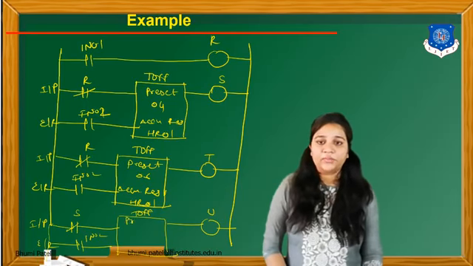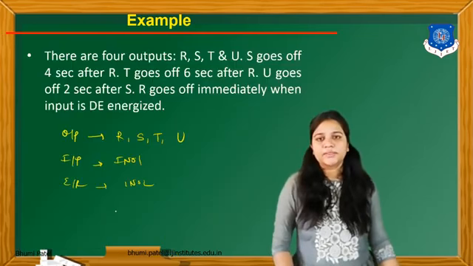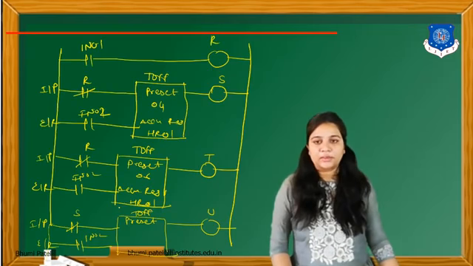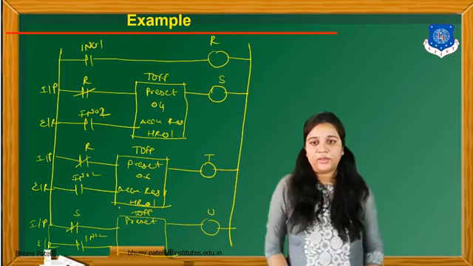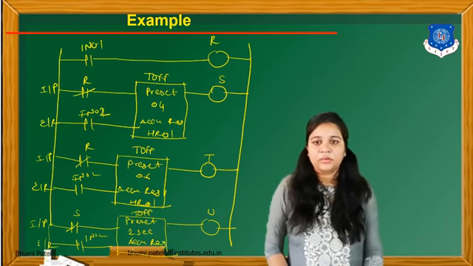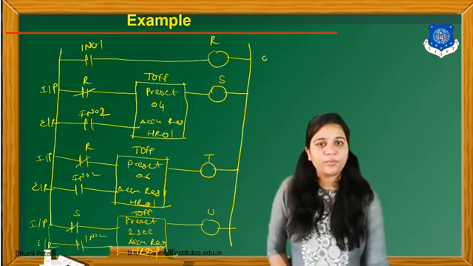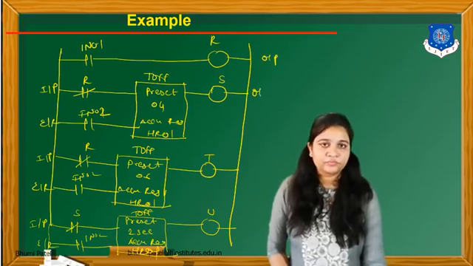Here we can take the preset value that is given in the example, 2 seconds. Accumulator register HR01. Okay, so this is my 4 outputs.